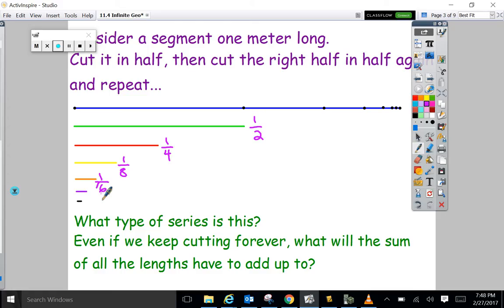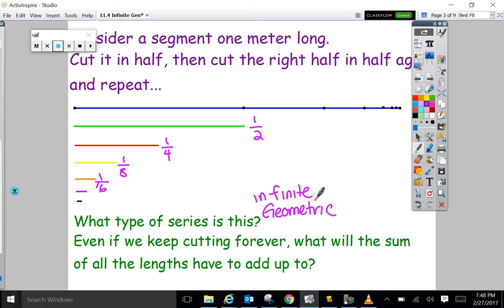Hopefully you're saying, this is a geometric series. And it's going to be even more specific. It's an infinite geometric series because we can infinitely cut that piece in half.